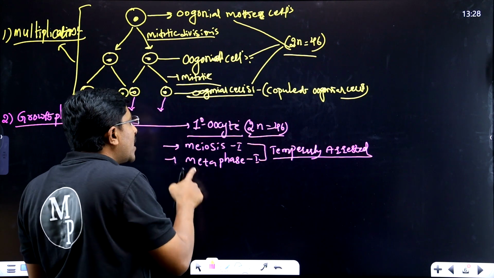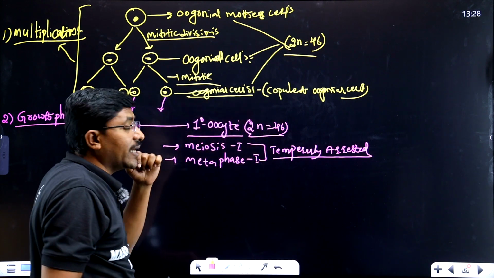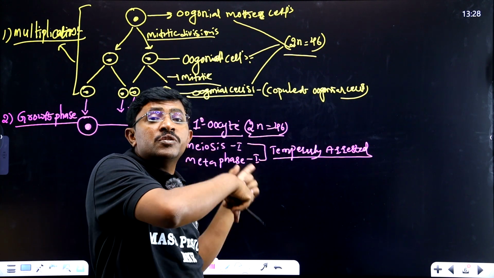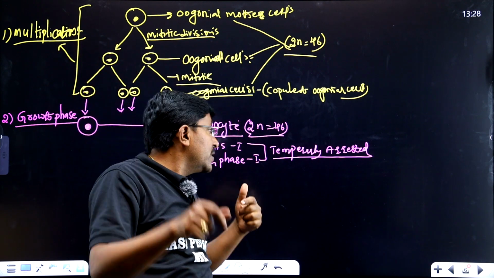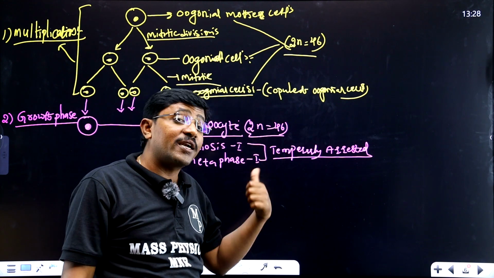When the female comes to puberty age, with her own gonadotropins, the primary oocytes complete meiosis 1 and metaphase 1.